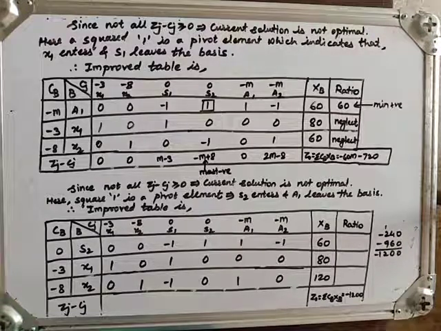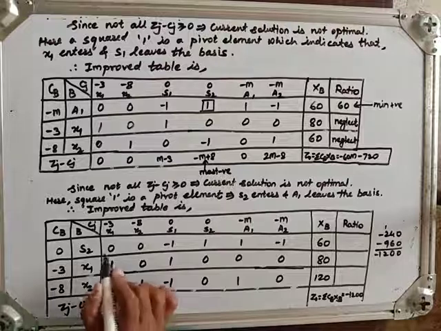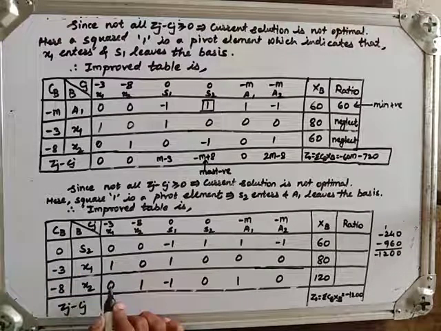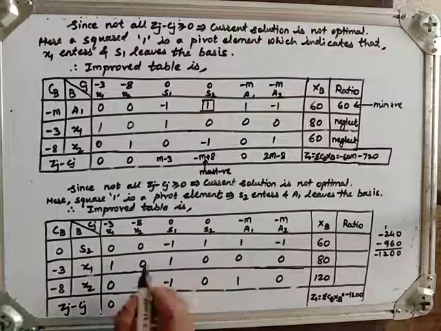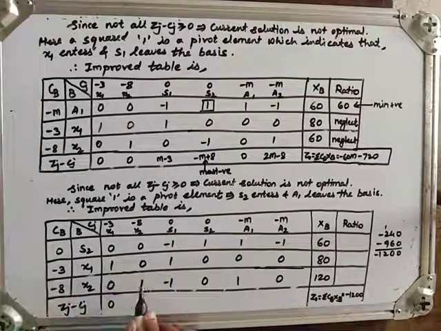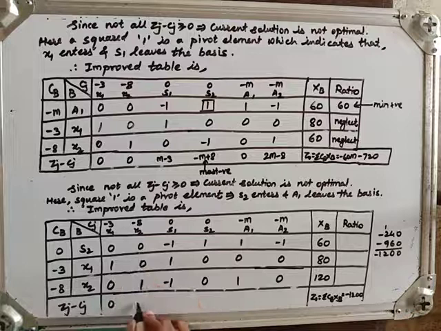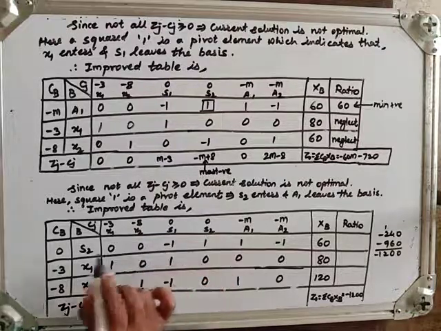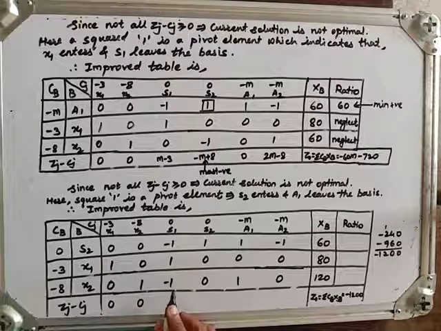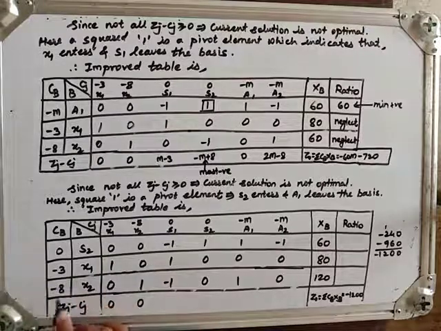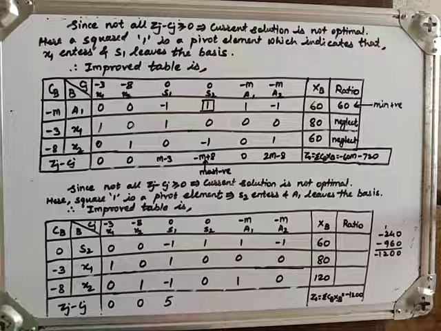Now let us check what are Zj minus Cj. So this is 0, minus 3, 0, minus minus plus 3. So that will become 0, 0, 0, minus 8, minus minus plus 8. So again 0. This is 0, minus 3, sorry, plus 8, minus 3, plus 8. So that will become 5.